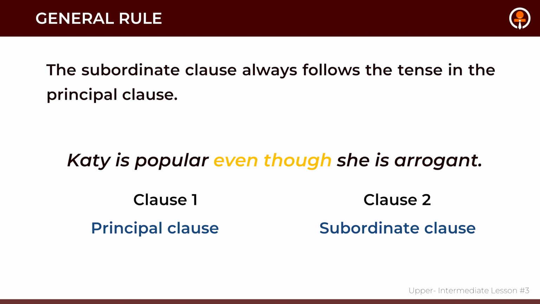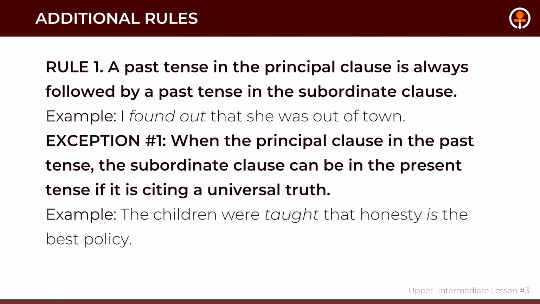The principal clause is the independent sentence, and the subordinate clause is the dependent one, the one that cannot be used alone. So in general, the tense of the subordinate clause has to be the same as the tense of the principal clause. This is the general rule, but of course there are some exceptions.